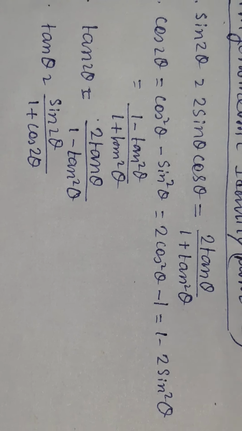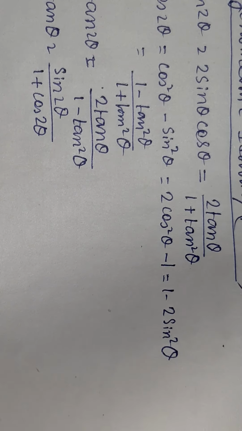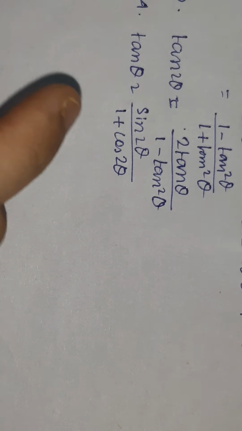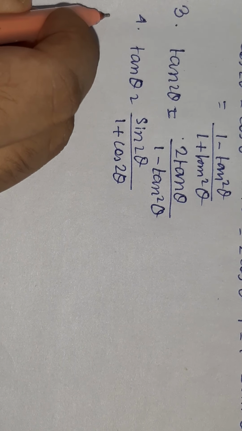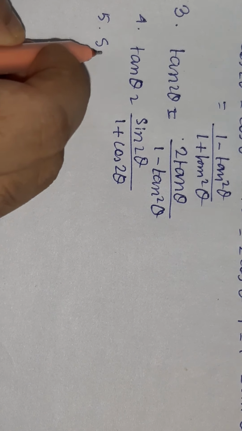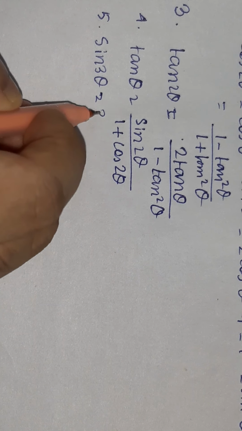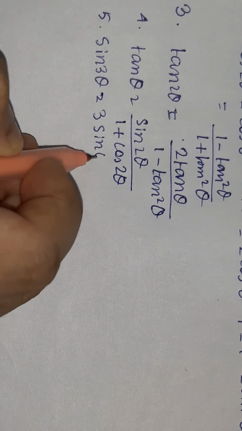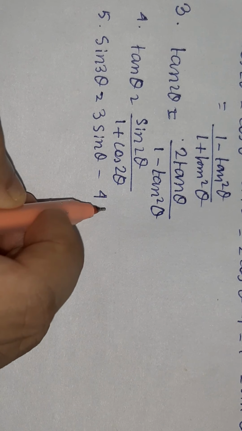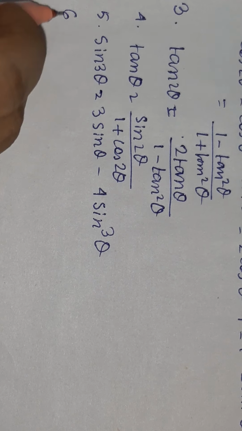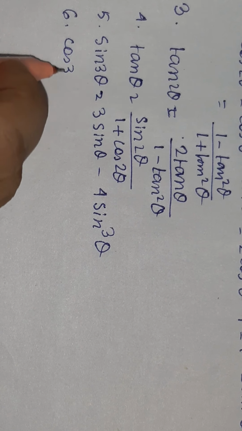Now we move to the trigonometric ratios of 3 theta. If we have sin 3 theta, then it will be 3 sin theta minus 4 sin cube theta. What is cos 3 theta?